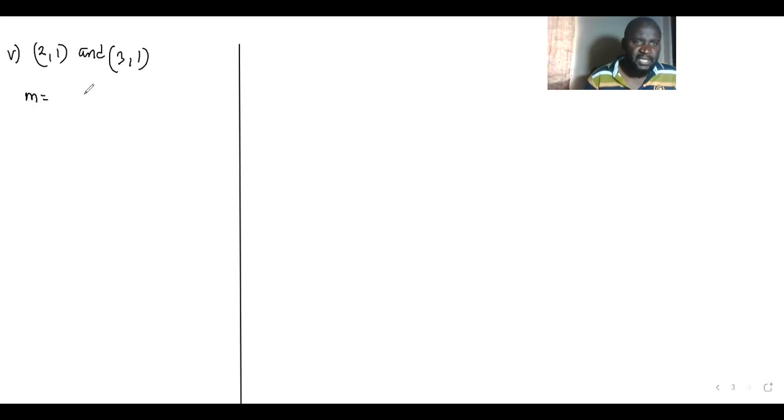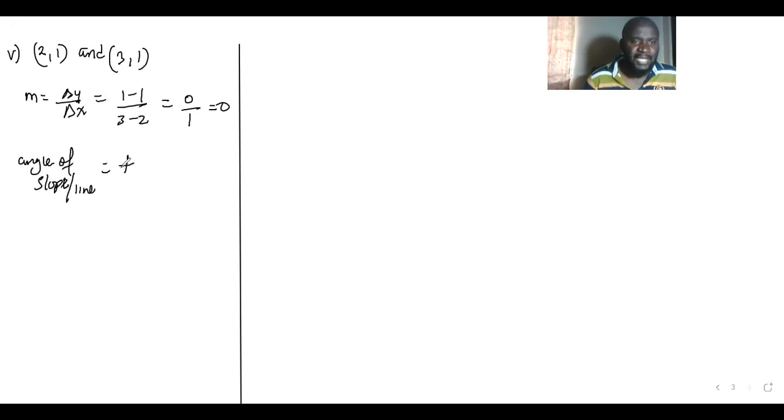You'll definitely get m from change in y over change in x, which is 1 minus 1 over 3 minus 2, and the answer is 0 over 1, which is 0. But the angle of the slope, or angle of the line, is equal to tan inverse of the gradient you've got, because we saw earlier that tan theta is equal to m.